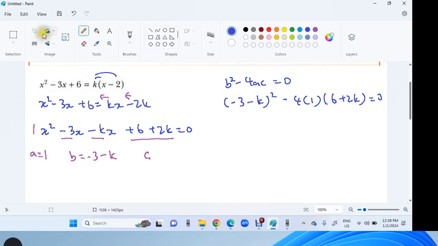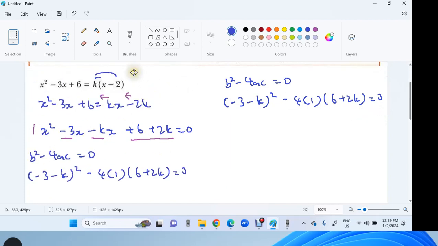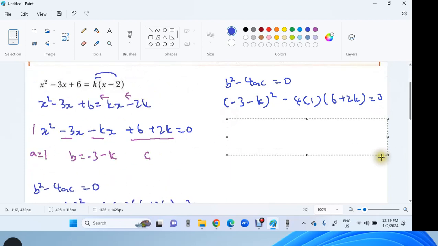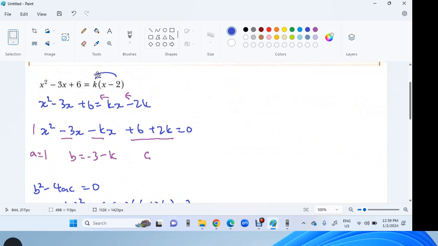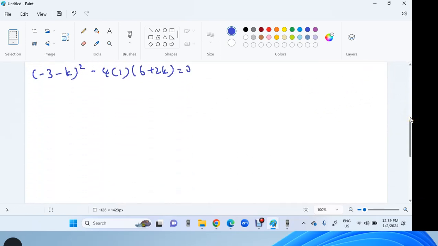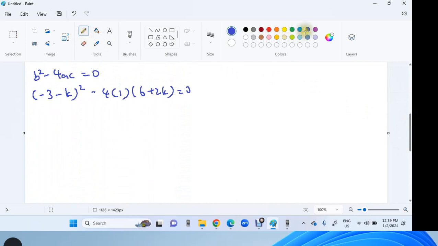Okay. So for this one, we want to expand this. So to expand this one, what we do here is we have 9 plus 6k plus k squared minus 24 minus 8k equal to 0.